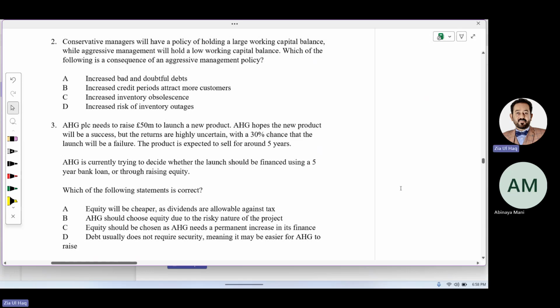Conservative managers will have a policy of holding a large working capital balance. Why?